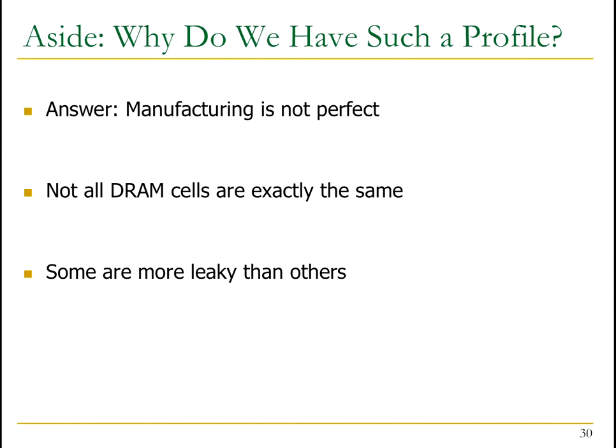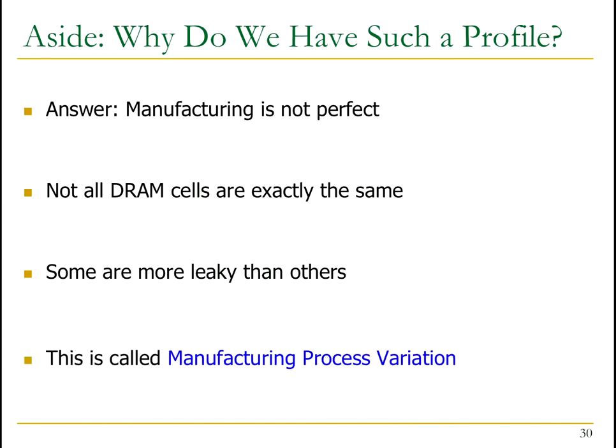Some are really small, some are really large. Small ones leak a lot. Or maybe it turns out the wiring is not good in one of the DRAM cells because manufacturing is not perfect. As a result, it leaks much faster, right? And this is called manufacturing process variation. Basically, there's a variation across the chip in terms of the process. As a result, you get these different cells.